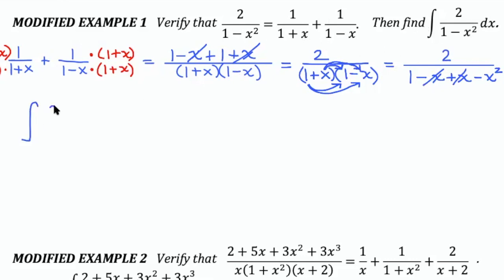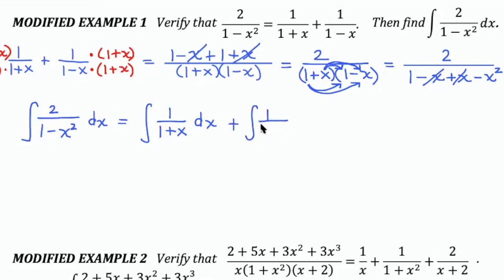Since I know that this fraction that I want to integrate can be thought of instead as two separate fractions being added together, namely the integral of 1 over 1 plus x dx plus the integral of 1 over 1 minus x dx. These are now things that are simpler to integrate.